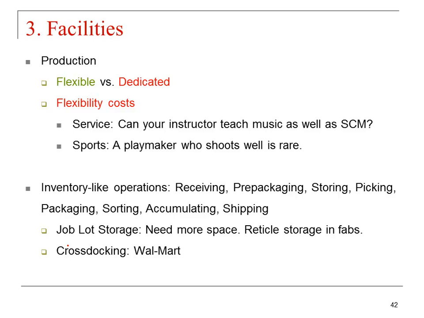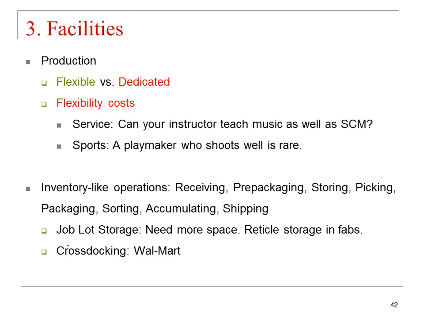And in terms of sports, a playmaker who shoots well is rare. Well, that's my opinion. But you want to find someone that is going to be focusing on the areas of the game they are supposed to. For example, a playmaker will pass the ball and be the leader on the court.